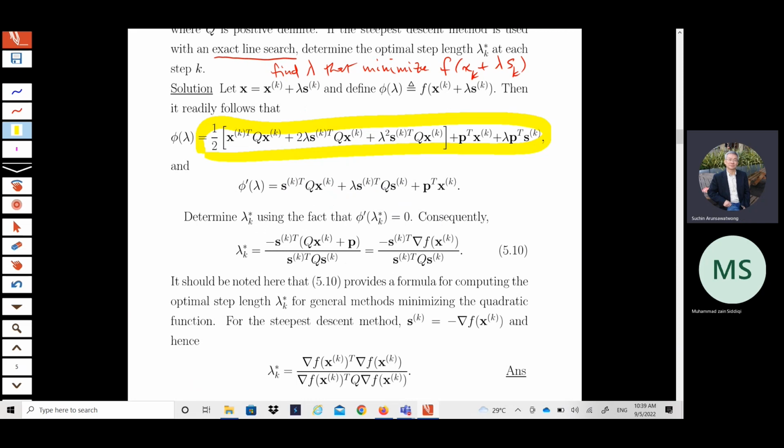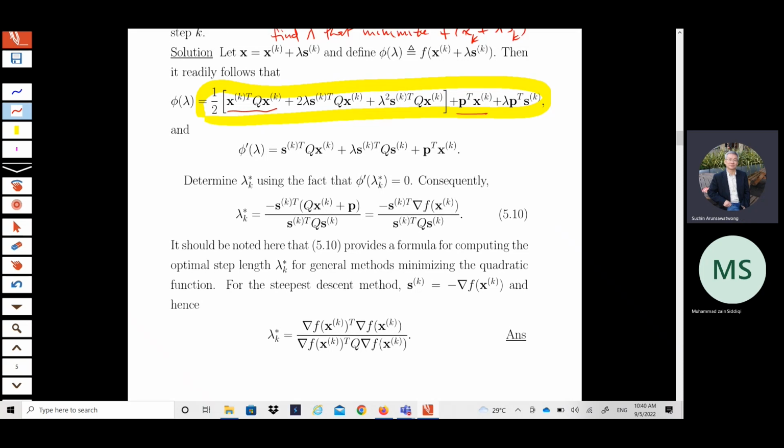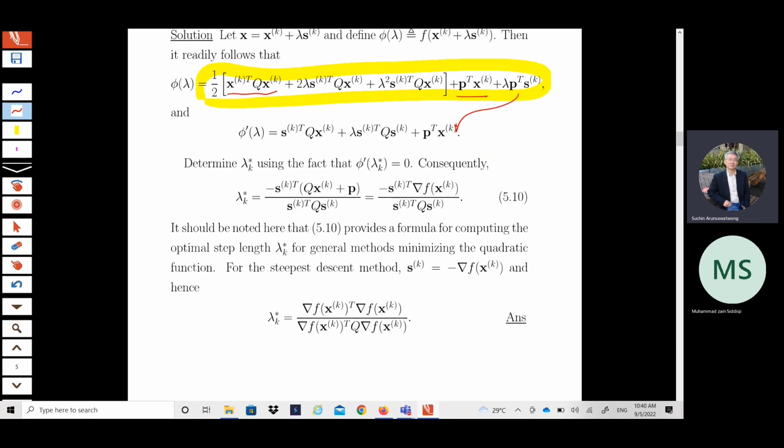From the expansion of the expression phi of lambda, you can see that this is a constant term. When you differentiate, all the constant terms disappear from the derivative formula. Then what we have is already this one, and when we differentiate this one, don't forget that we have 1/2 multiplied.